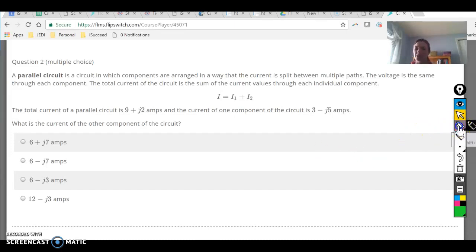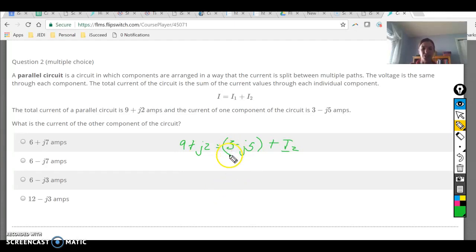So in this case, we're going to rewrite this as the total being 9 plus J2 equals 3 minus J5 plus the other component. And so I should be able to move these over to the other side to get the other component.